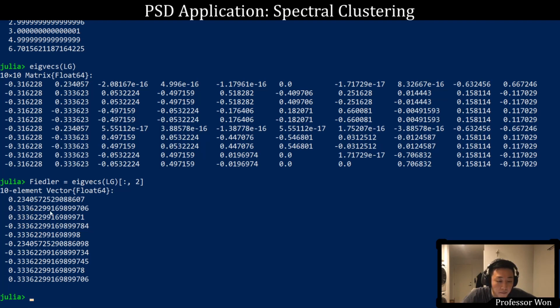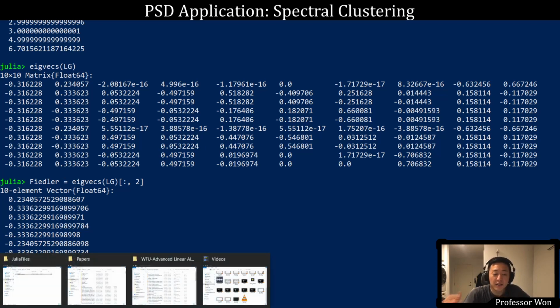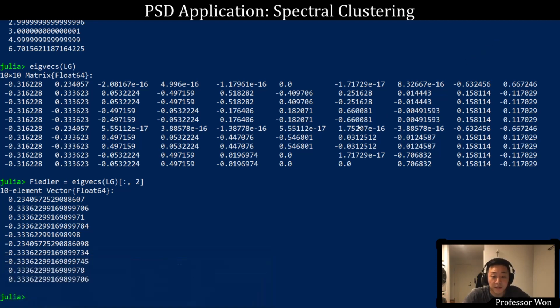There are 4 of them, and that looks like the biggest one. Then the next biggest one looks like the 0.234. Then the next one is negative 0.234. The next one is negative 0.3362299, etc. And so I want to sort these, and I want to keep track of the order in which they're appearing.